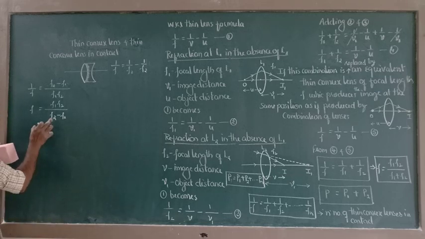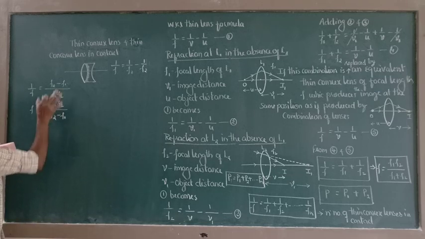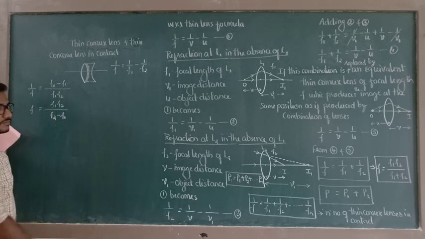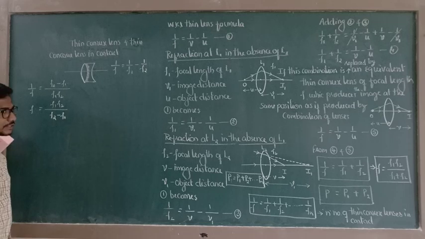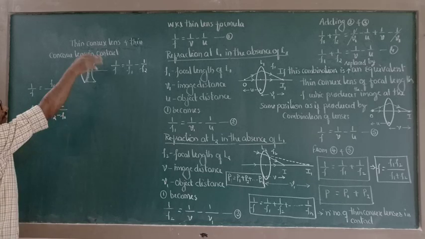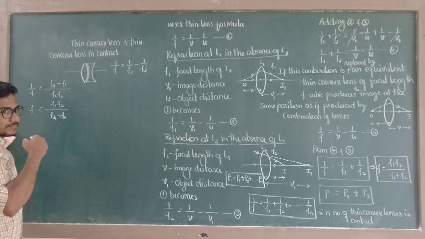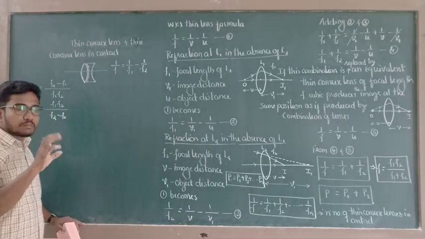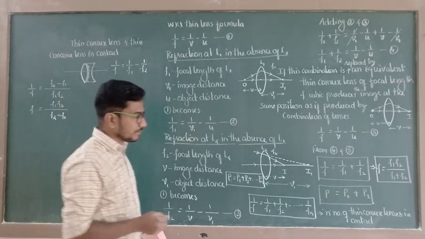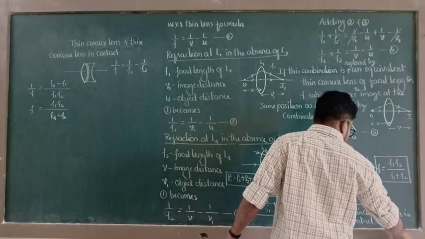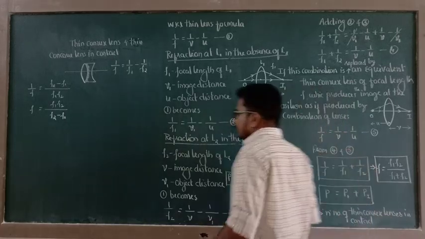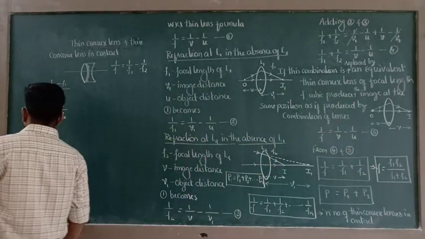If suppose in this combination f1 is equal to f2, f1 is equal to f2 means this denominator term becomes 0. So anything divided by 0 means infinity. So focal length of infinity means this combination behaves like a plain glass sheet. We know that focal length of a plain glass sheet is infinity. For competitive examination purpose, these points are very important.